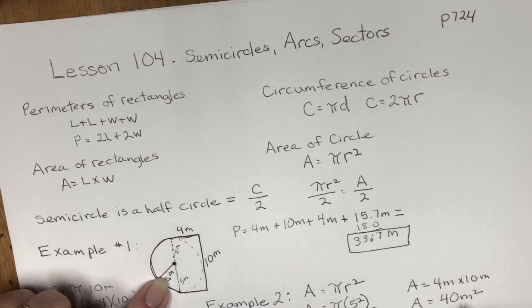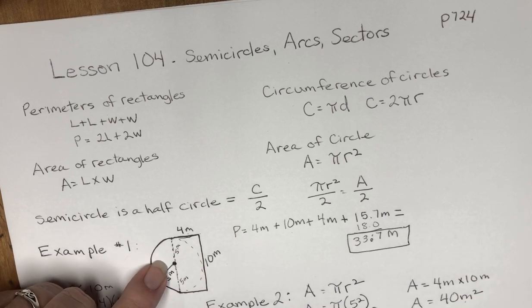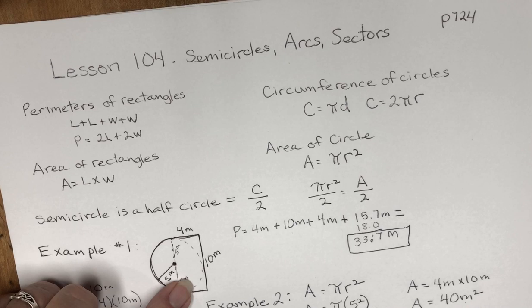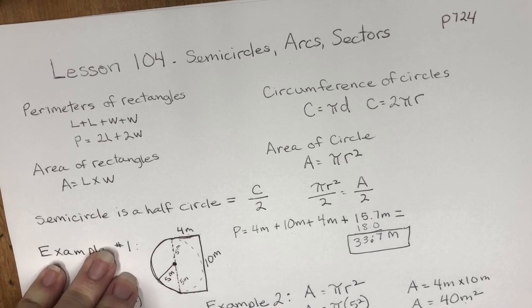So now I take the area of the rectangle plus the area of the semicircle and add them together. 40.00, because I have 2 places, plus 39.25 meters squared. And so the area of this whole piece, drum roll, 79.25 meters squared. And that's how we got there.